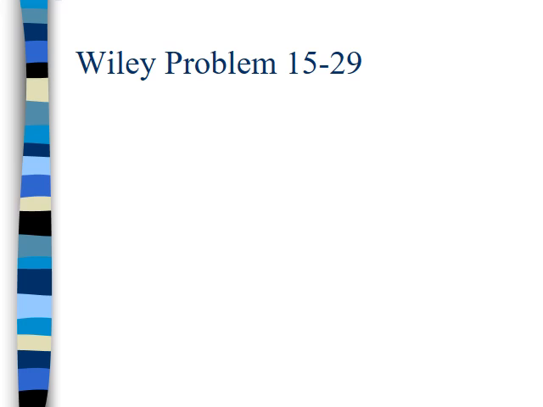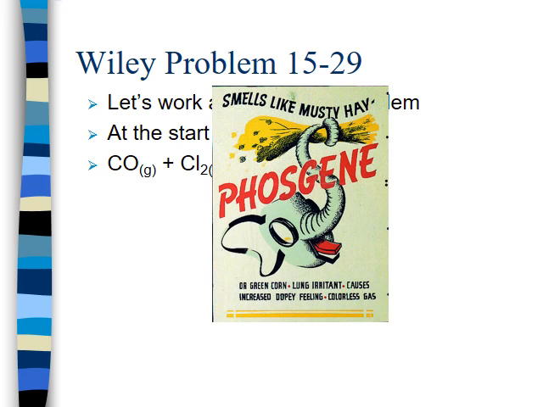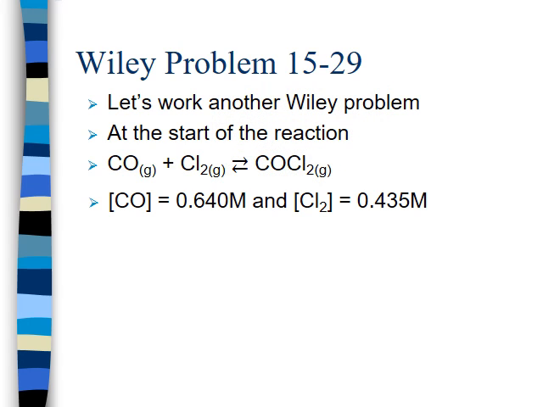Now let's look at 15-29. The problem says at the start of this reaction we have carbon monoxide, chlorine. Does anybody know what COCl2 is? That's phosgene. That's a poison gas.